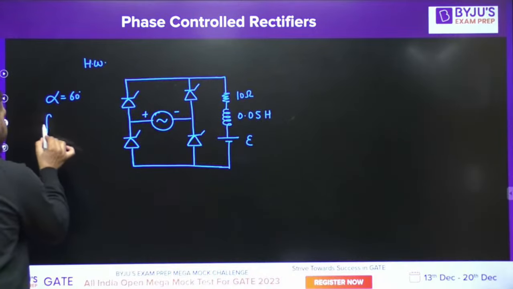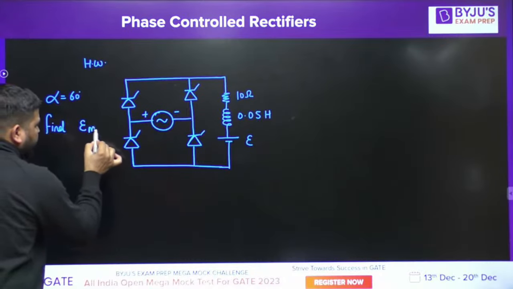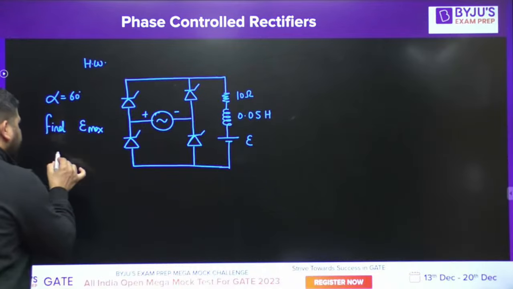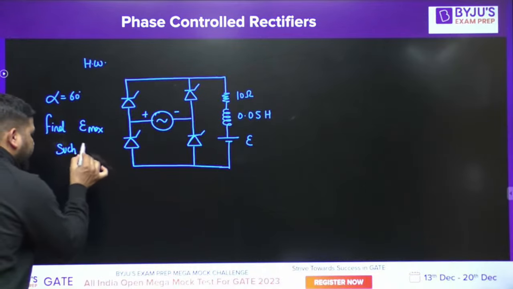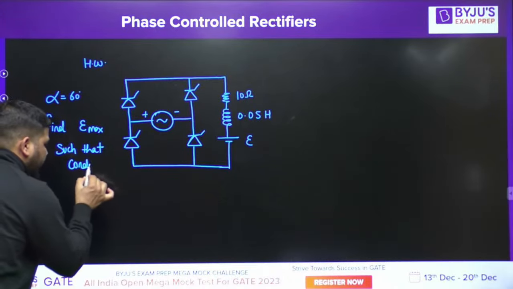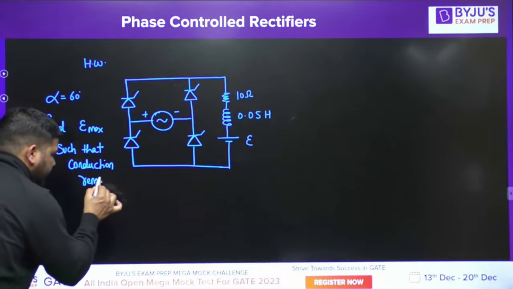Find E max such that conduction remains continuous.